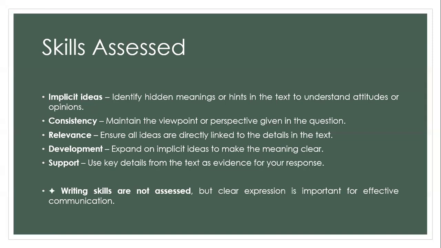Your answer should be consistent with the viewpoint in the question. We are supposed to use the relevant details from the text and develop the ideas to show a clear understanding. While writing is not marked for part B, we need to express our ideas clearly, which is very important to make our response effective.